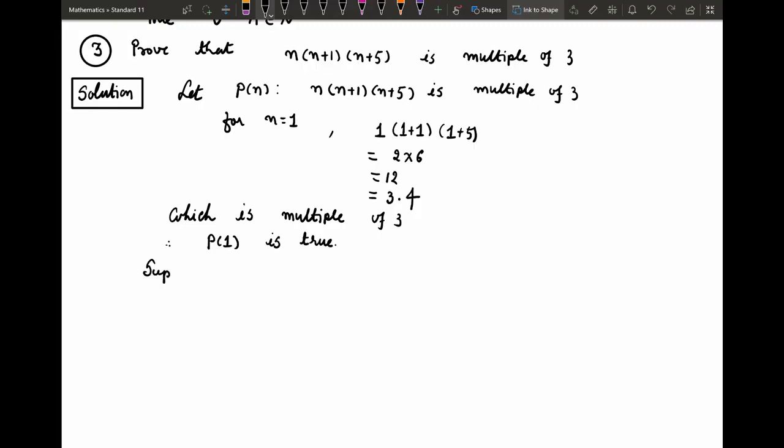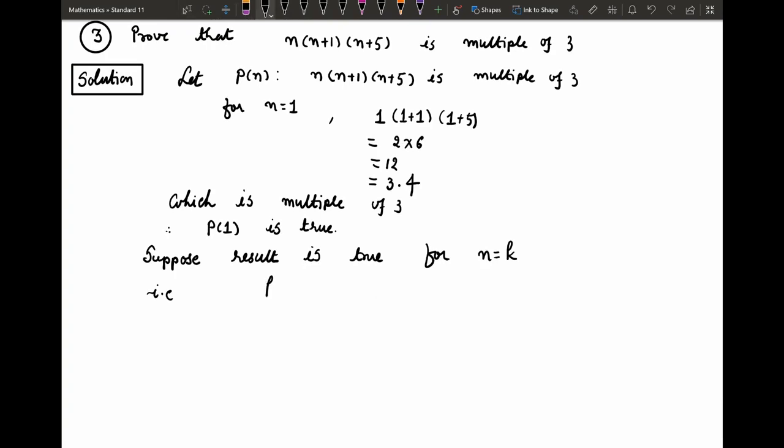Now suppose result is true for n equal to k, that is, replace n by k. So k into k plus 1 into k plus 5 is a multiple of 3.